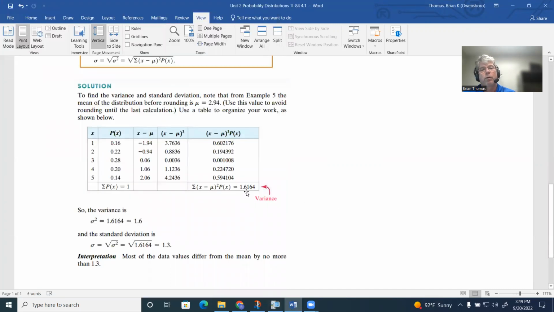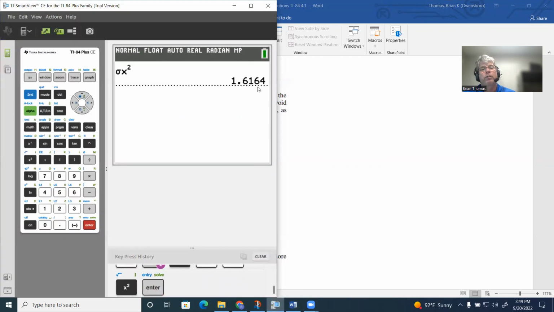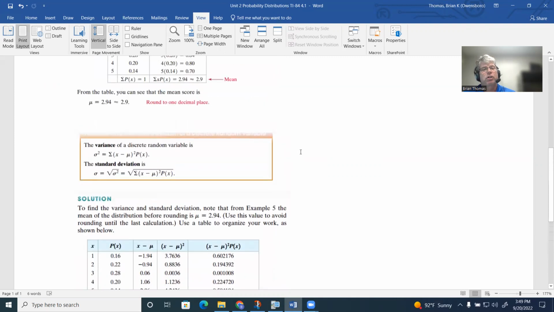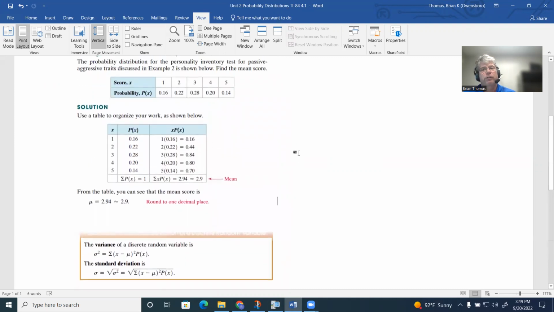They had 1.614, and if you look at the calculator, we also have that 1.614. If you round it to one place, that would be 1.6. So we can do the mean, the variance, and the standard deviation using the calculator. Feel free to watch that a few times to pick up on what we did there.